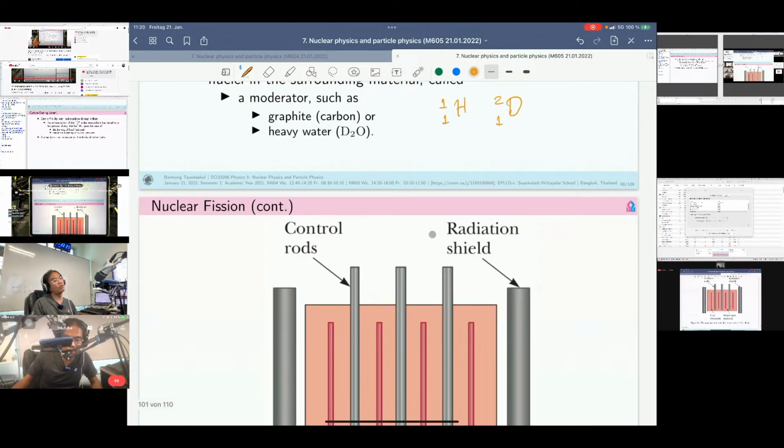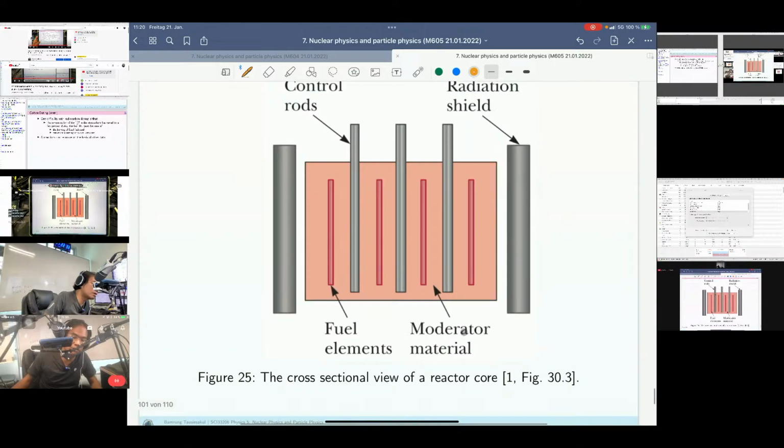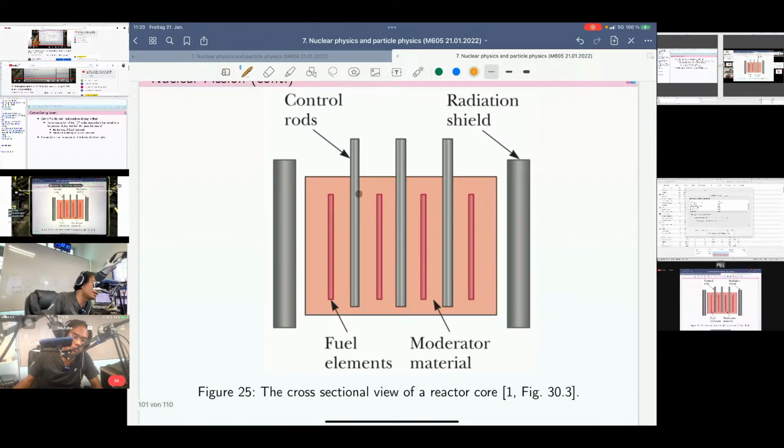This is the cross-sectional view of the reactor core that is used in reality, developed by humans. These are the control rods, and here is the radiation shield. You need to shield, otherwise you get so much particle radiation from the whole process, which is harmful to humans and everyone.